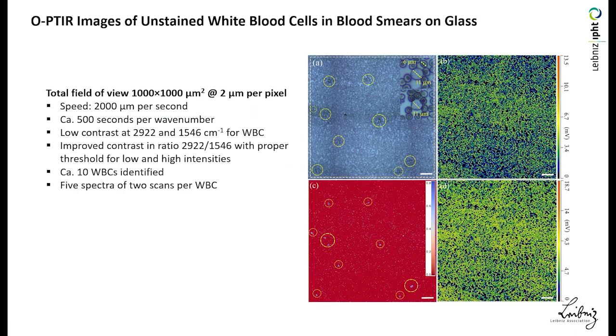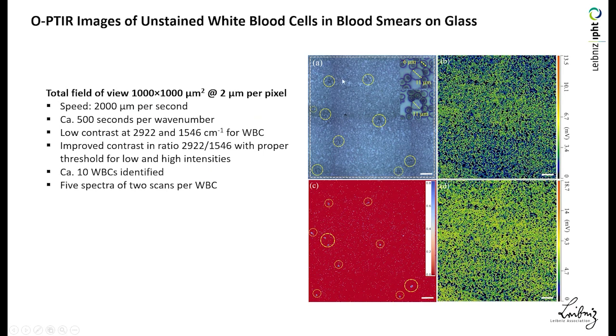This is why a ratio was calculated: 2922 divided by 1546, with proper thresholding to avoid singularities. Here the white blood cells can be distinguished, and this is also confirmed with white light microscopy.